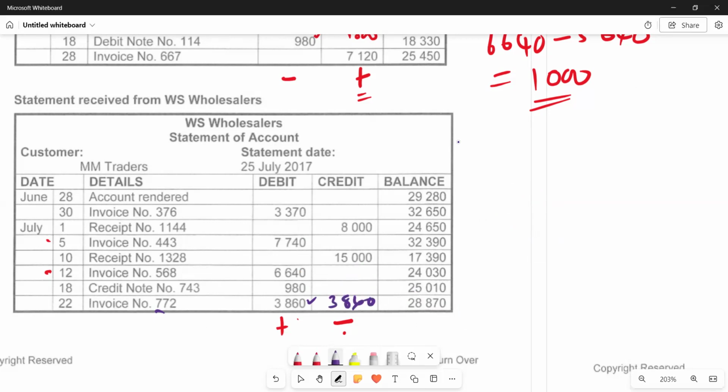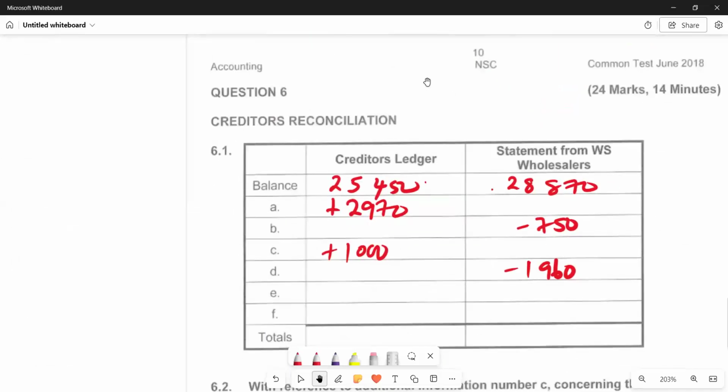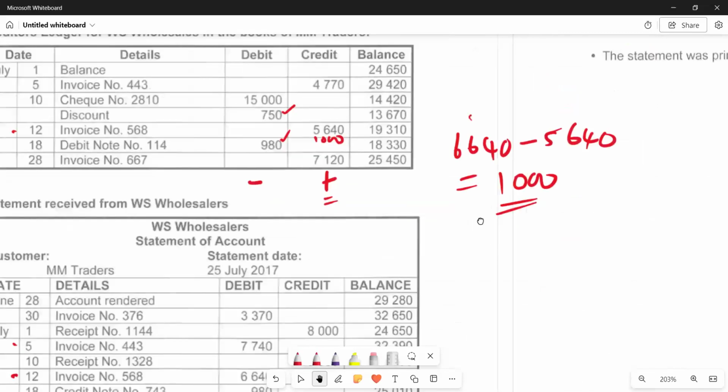It's a minus again. So we're going to say minus 3,860 in the other section. So we go there and go to the credits. Under the statement, we are supposed to say minus 3,860.